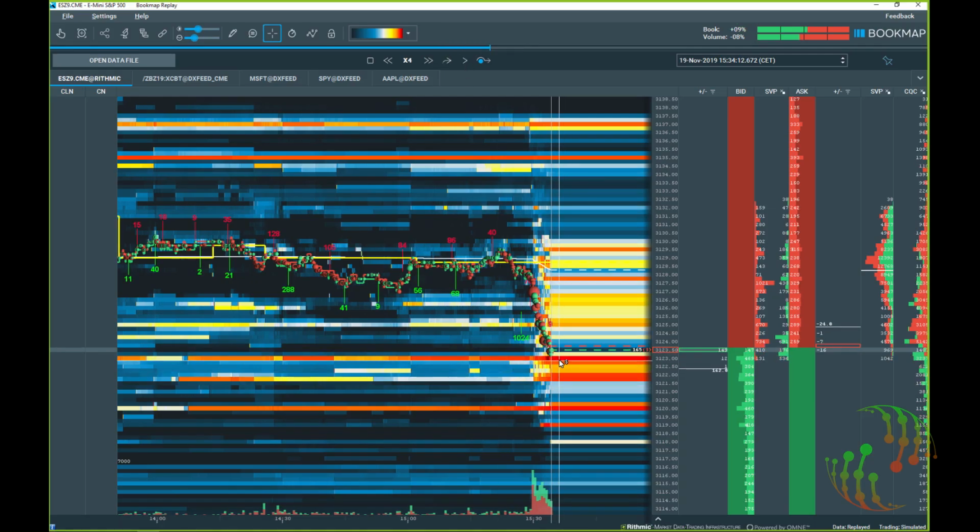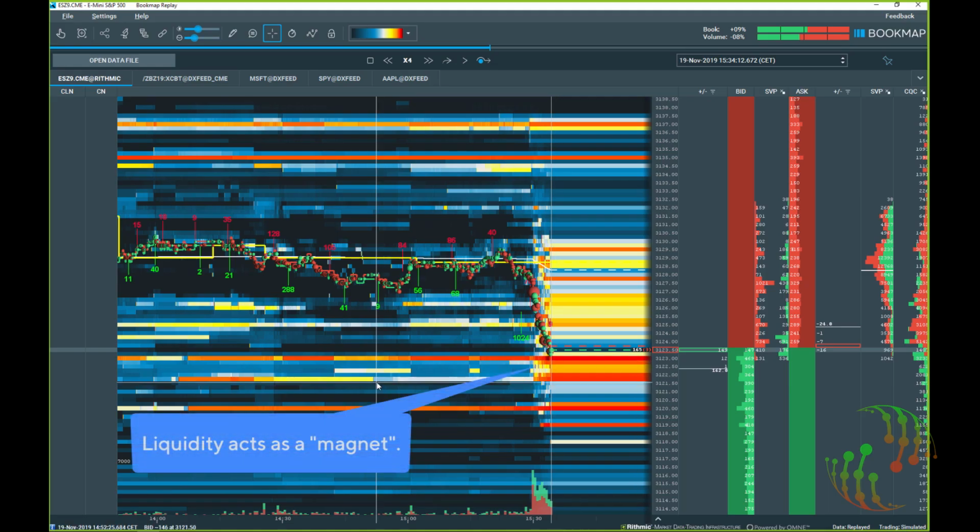Liquidity acts as a magnet. So the price started, it drops heavily down to this area, 23.